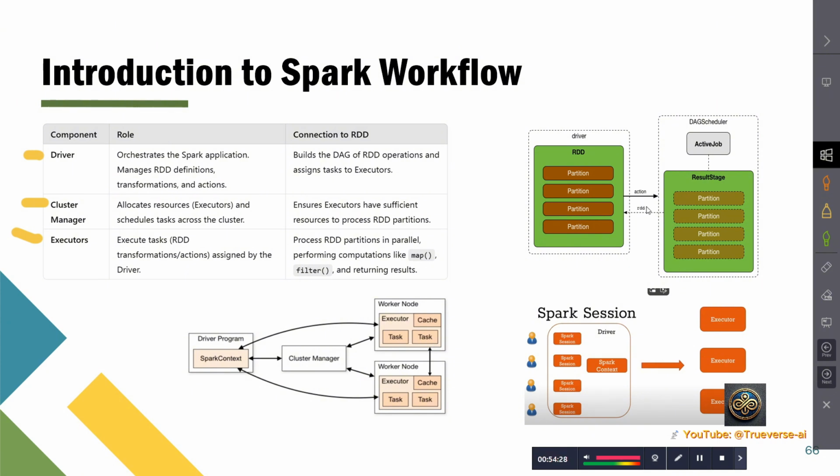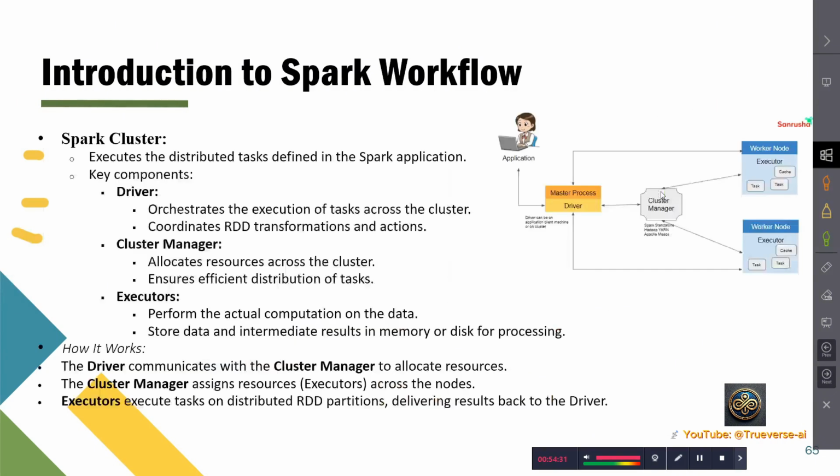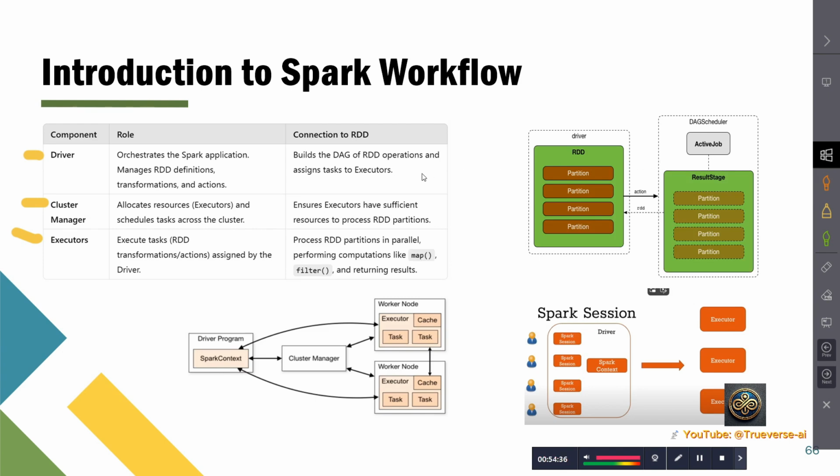This is one cluster, so the action is done. Here is the executor. You send it here. The role of the driver is to integrate the many Spark application parts, managing RDD definitions, transforms, and actions. If you are using RDD, dataset, data frame, or Spark SQL, it is the same thing for orchestrating those. This is an example for RDD.